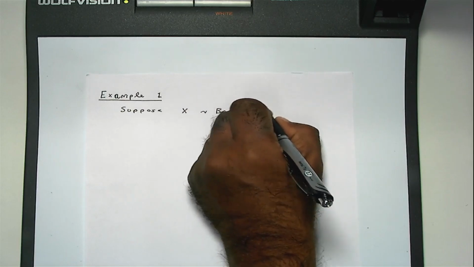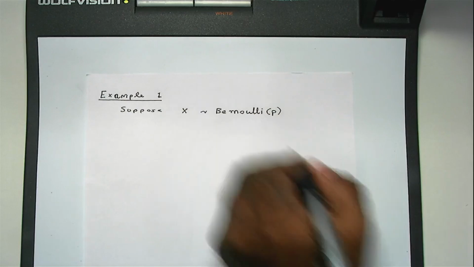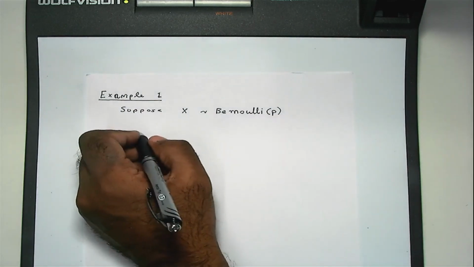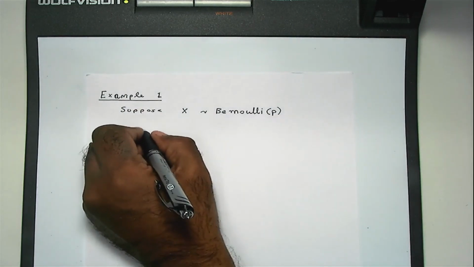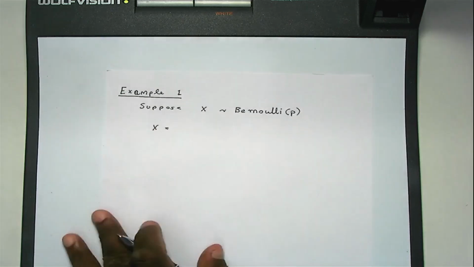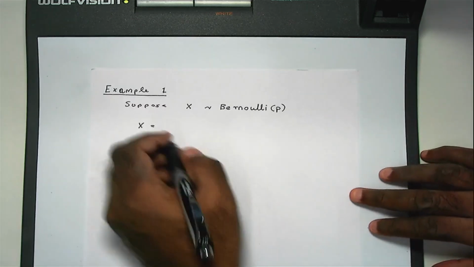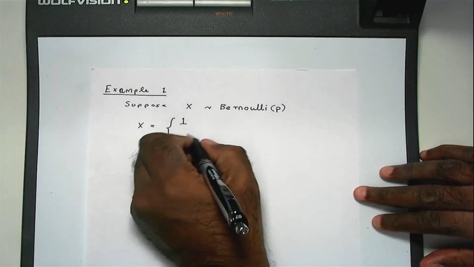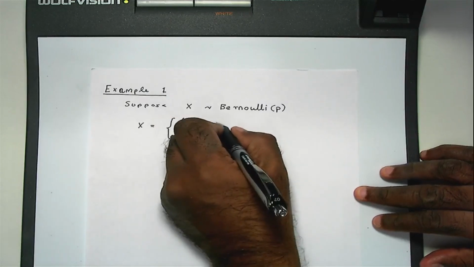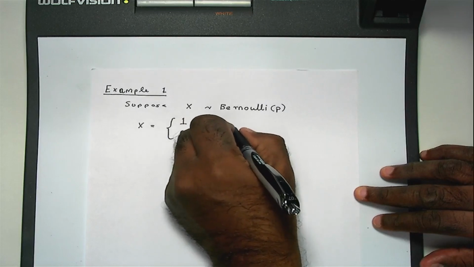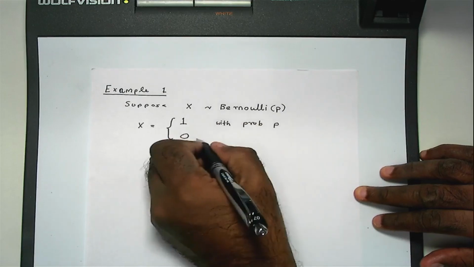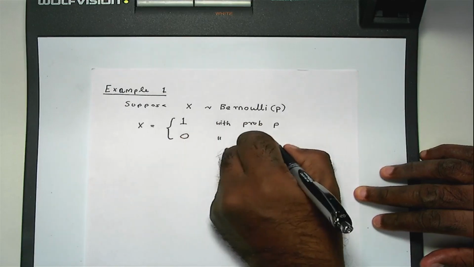You probably remember this distribution from probability 1, which you did last semester. If you don't remember this, I will write down what it means. A variable has the Bernoulli distribution if it takes two values, 1 or 0, 1 with probability p, and 0 with probability 1 minus p.